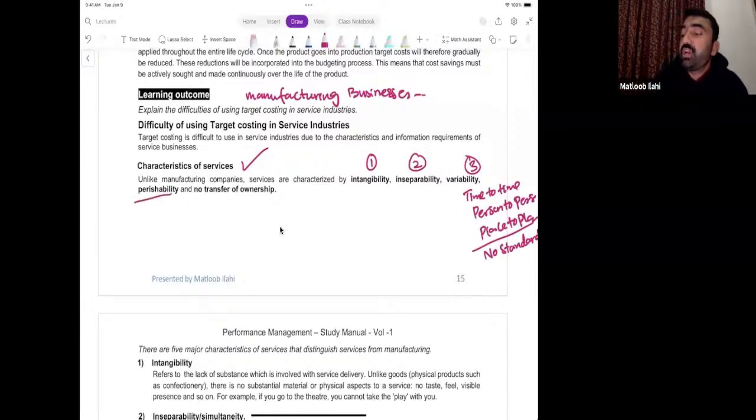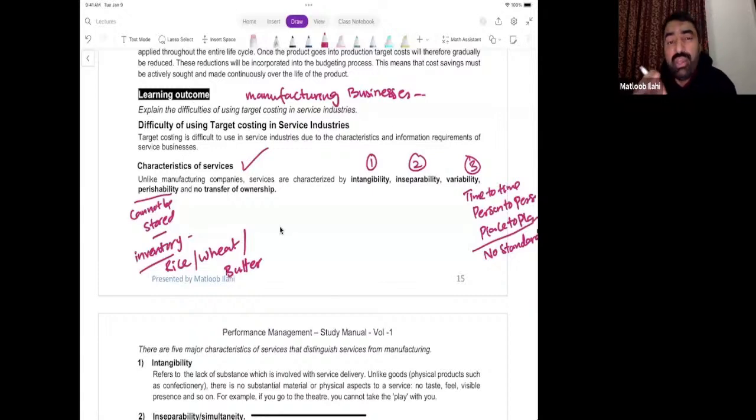Perishability means services cannot be stored, unlike manufactured products. Like this pen, I have stored it. Think of inventory, of stock that we can store: rice, wheat, butter, oil. All these we can store, but we cannot store a service.